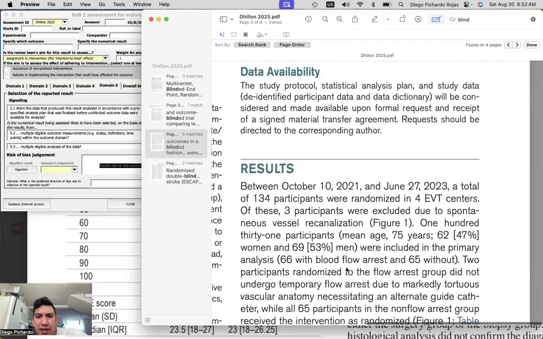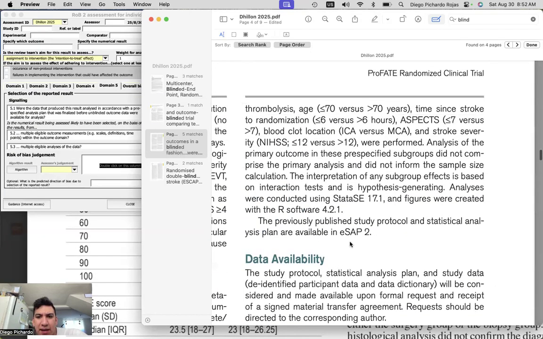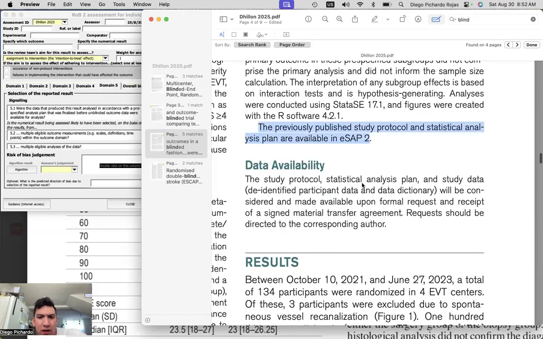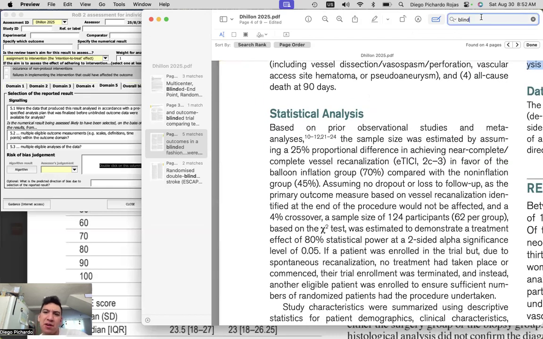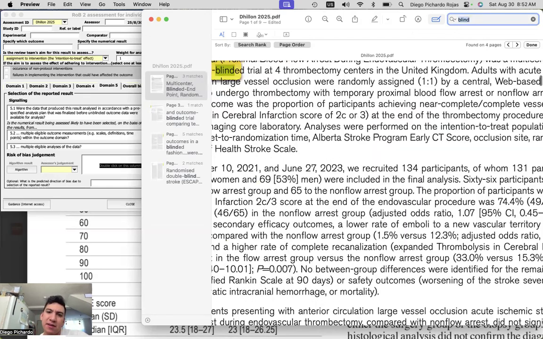I'm just checking if there's something regarding blinding. They did follow a specific protocol. Okay, we're just going to look up blinding.